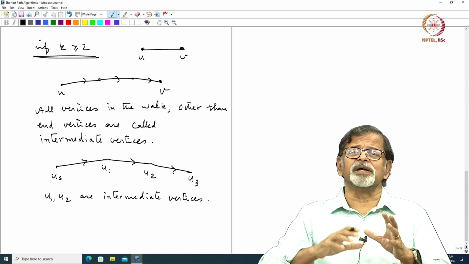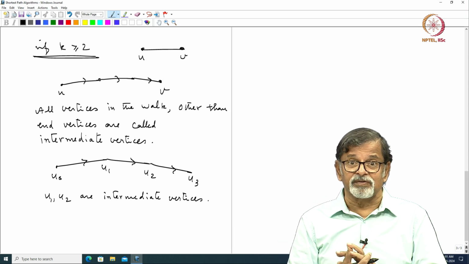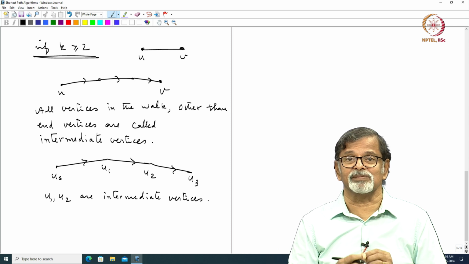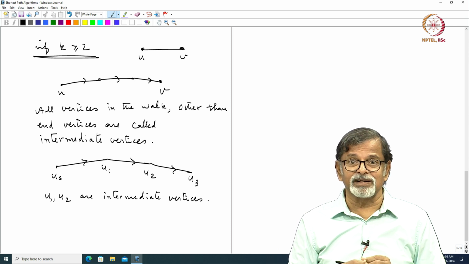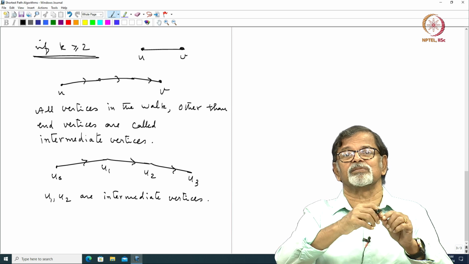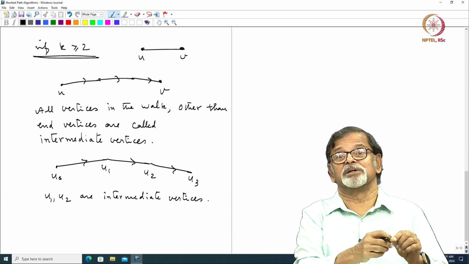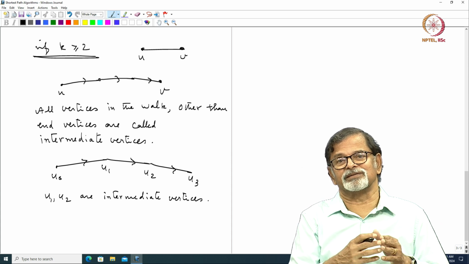A walk is a closed walk if the end vertices are same. We view that as you start from some vertex, go through various edges and come back where you started.